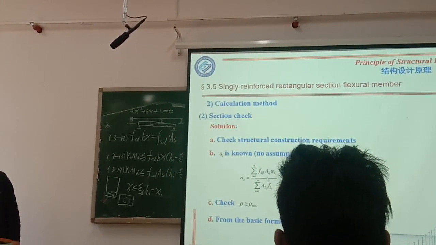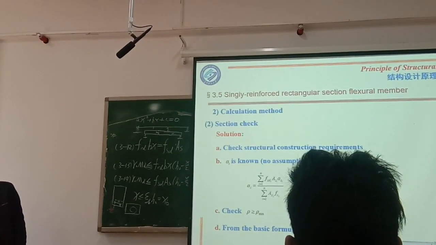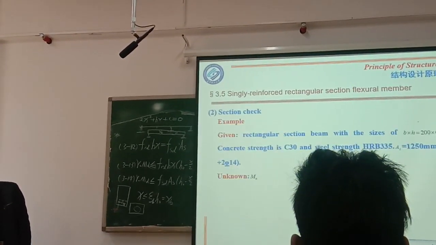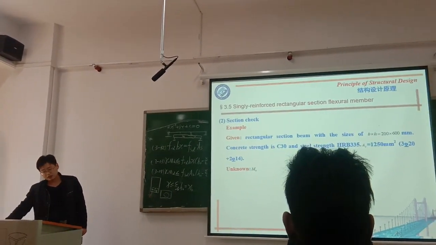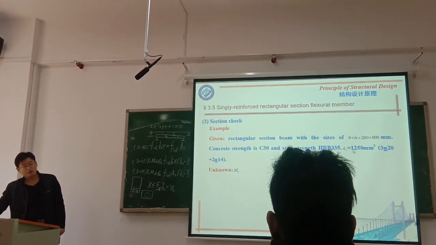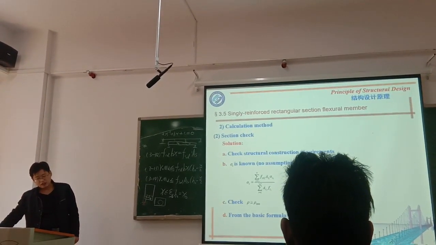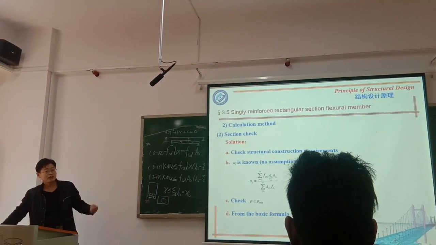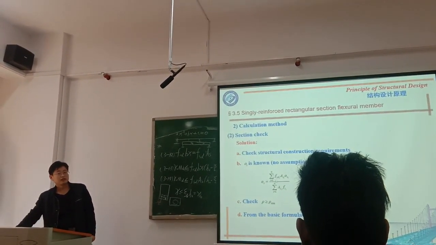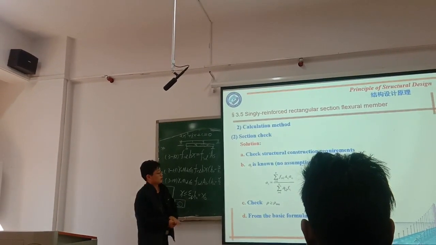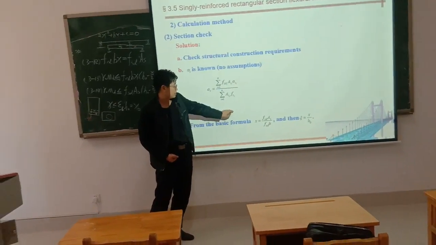It's the same. But if the question told you they use different steel, HRB 335 and HRB 400, then you need to consider FSD. But now in this question, you can just neglect it, just remove it.